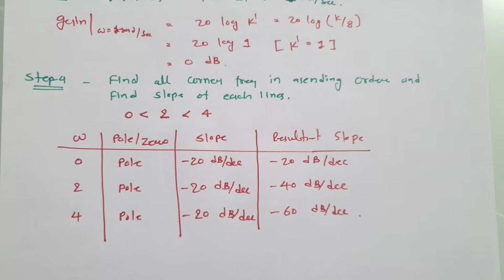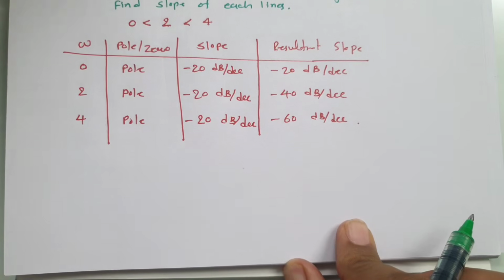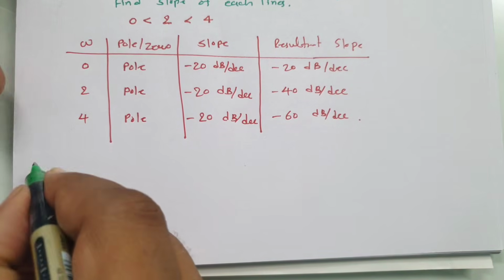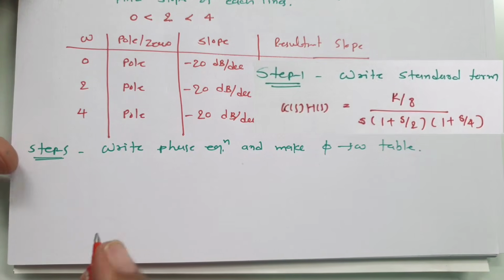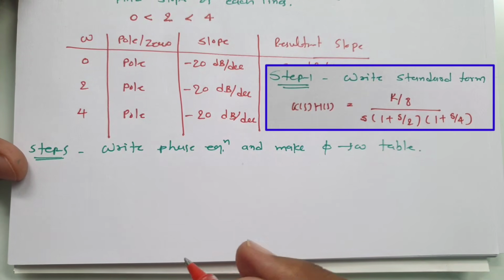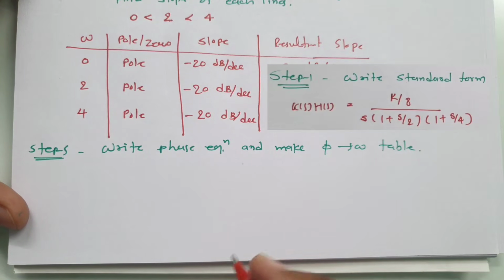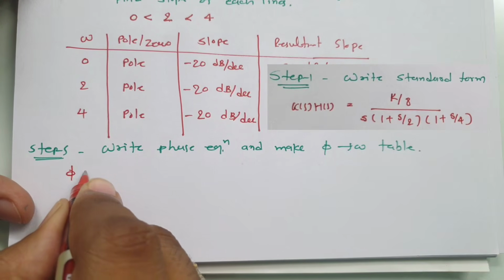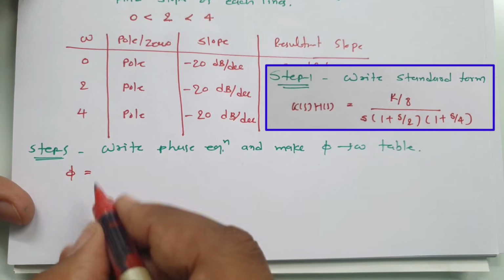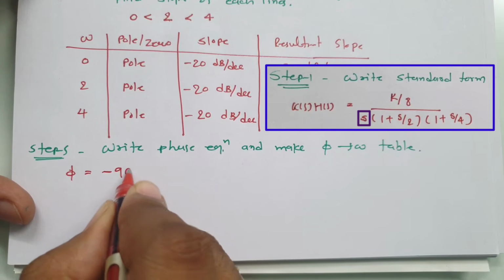Now the fourth step is to write the phase equation and make a table of phase with respect to frequency. So if you observe our standard form, if you place s equals j omega, then we can have a phase equation. If you observe, at the origin there is one pole, so for that the phase is minus 90 degrees.